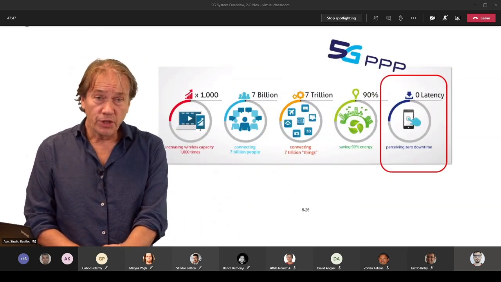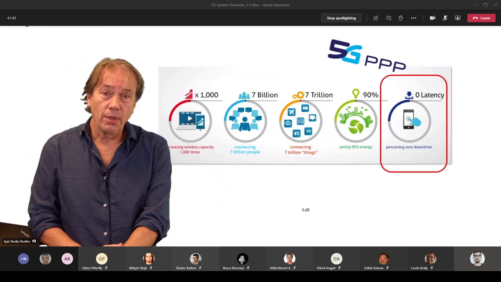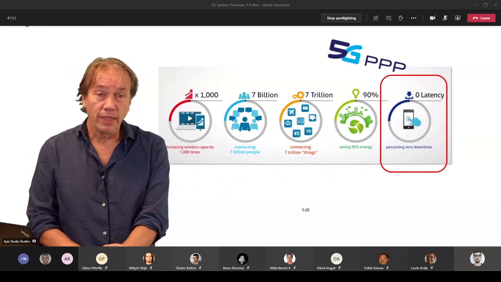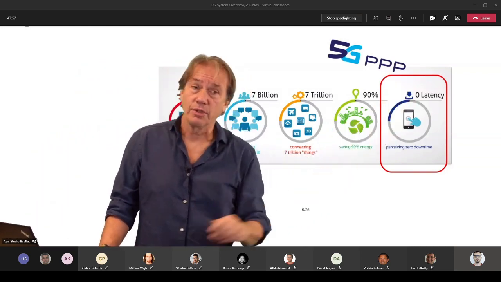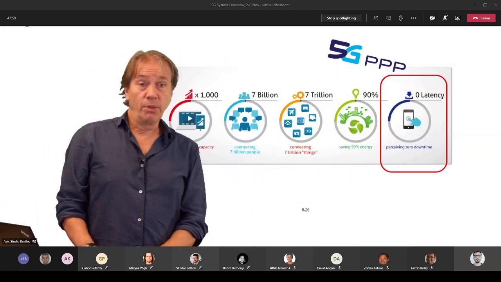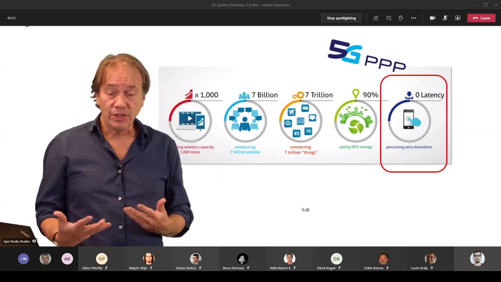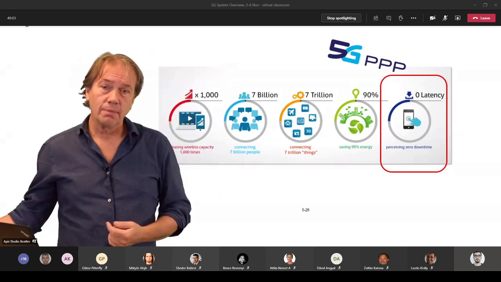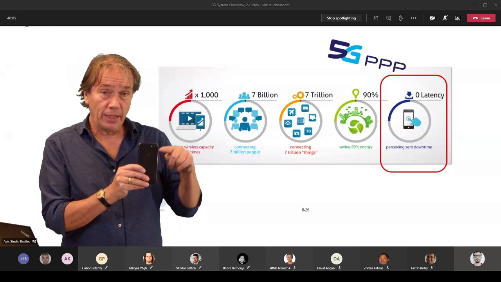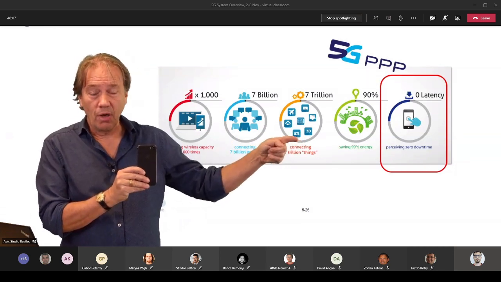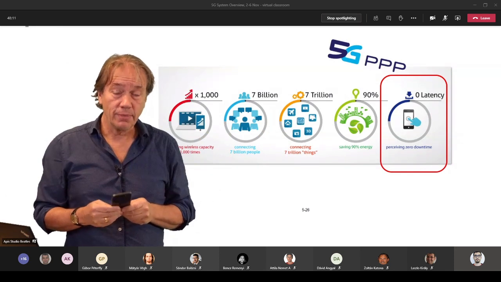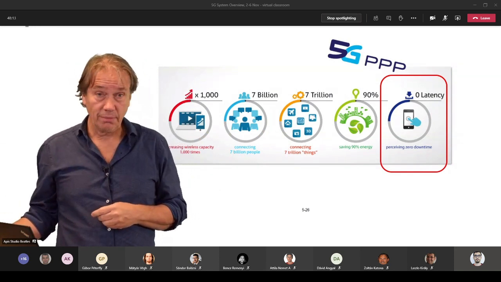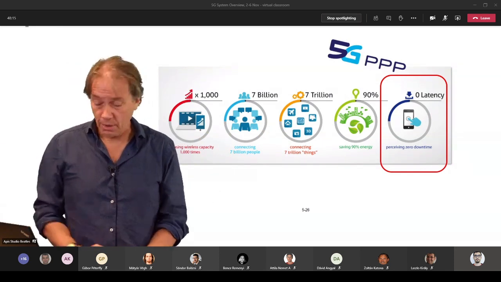Very important, obviously, for ultra reliable low latency communication is the latency. And here it says 0 latency. That's impossible, but we talk about latencies between an application and the application server of 1 or a few milliseconds. And that's short or low.